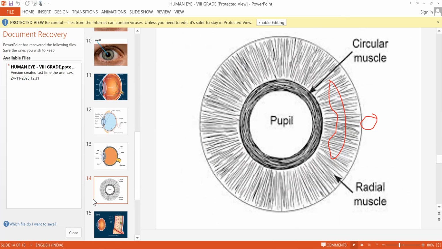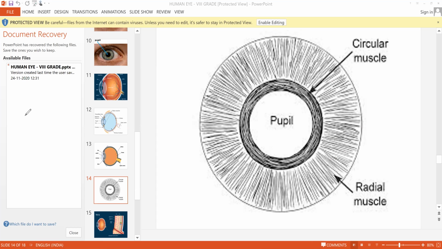So here you can see circular muscles and radial muscles. So the iris is a pigmented muscular structure consisting of an inner ring of circular muscles and an outer layer of radial muscles. You can see how the muscles are there.